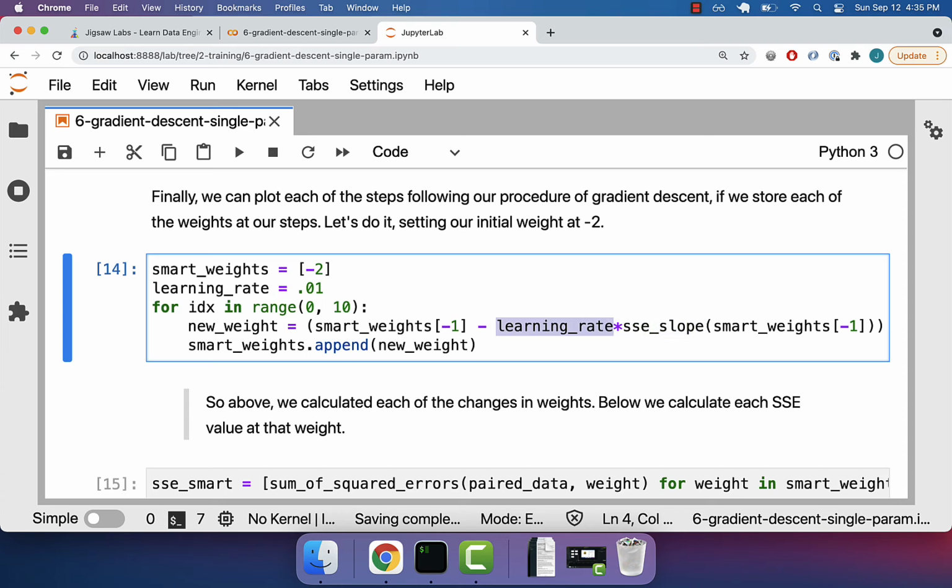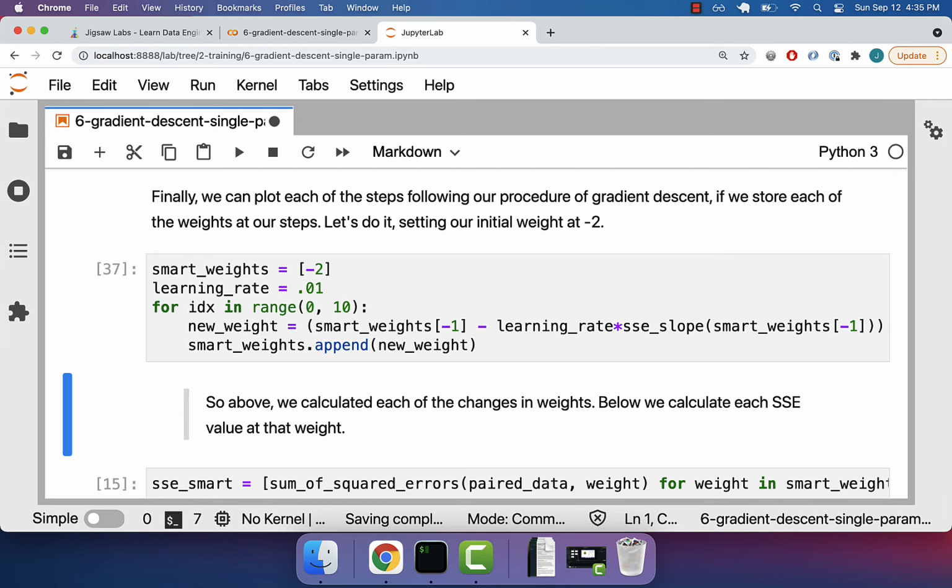I call this 0.01 the learning rate. This 0.01 is just getting us to move at a fraction of the slope. So we start at that original weight, and we do that formula: minus the learning rate times the slope at that current weight. And using that formula, we get to the new weight.